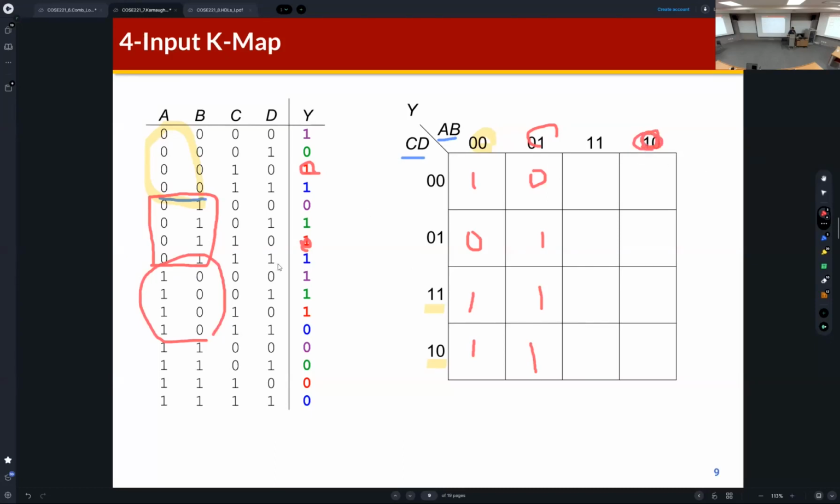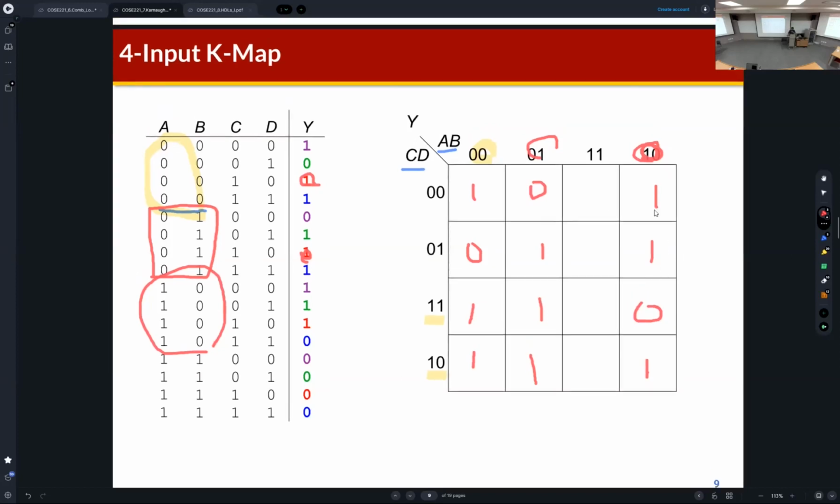So it's 1, 1, 1, 0. You need to note the order of CD. How about this one? So 0, 0, 0, 0. So we can fill each element of the Karnaugh map like this.